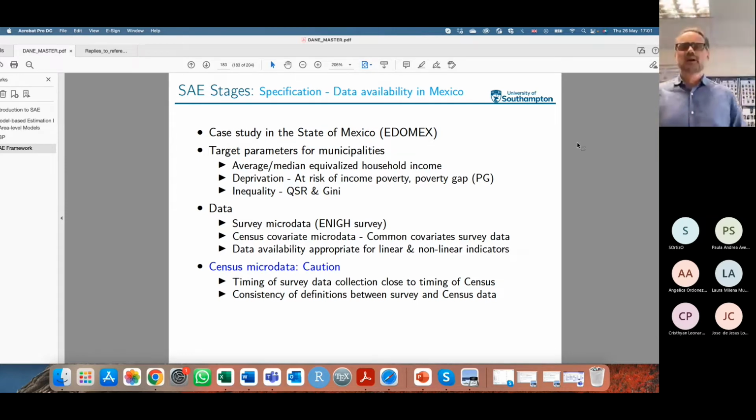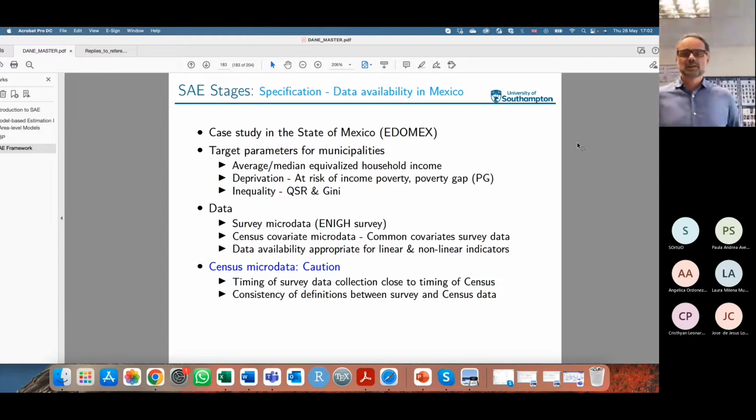There were also census covariate microdata available. Okay, and remember that for the ELL and the EBP methods, you really need to have explanatory variables or auxiliary information in your survey data and in the census data that are referring to common covariates, right? And they're measured in a common way, like they're measuring the same thing effectively.